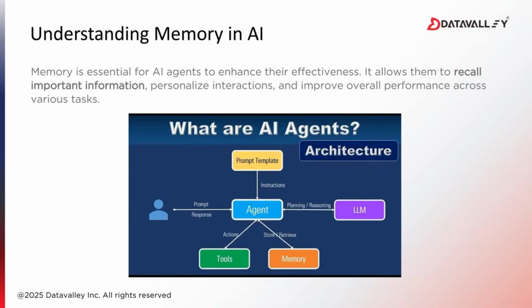And the agent has a prompt template, LLM, memory and tools. The prompt template includes predefined instructions or rules that are used to structure the input we are giving to the LLM, which is termed a prompt.